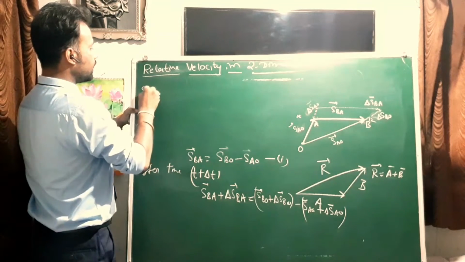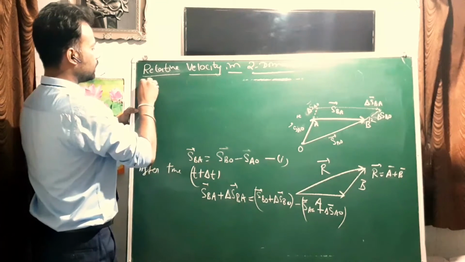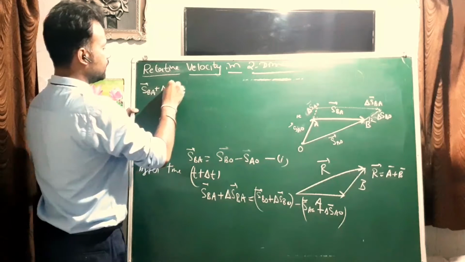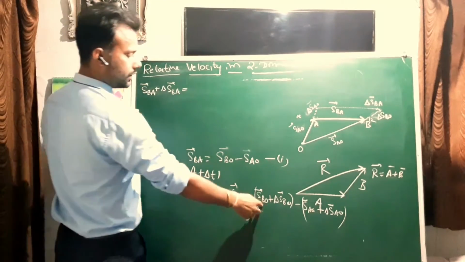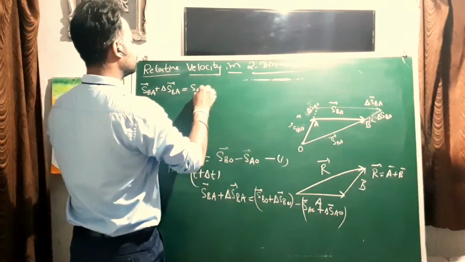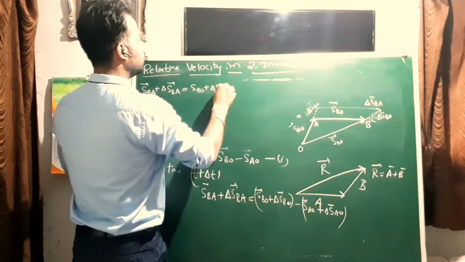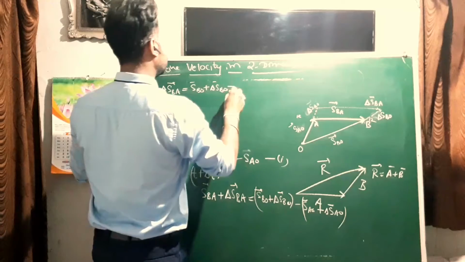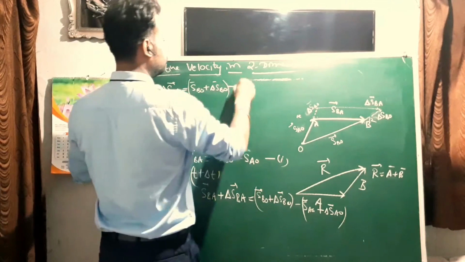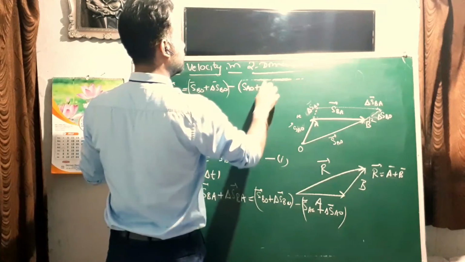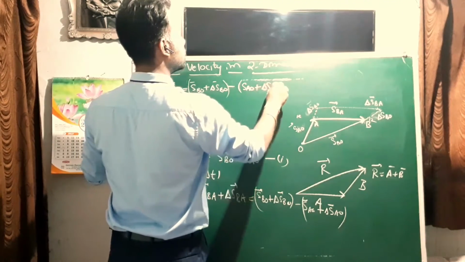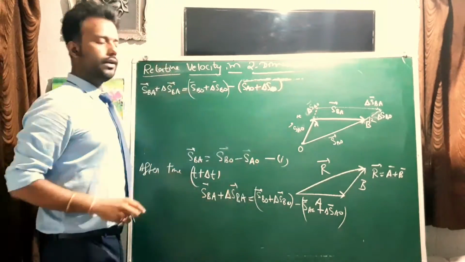This is SBA plus del SBA equals to SBO plus del SBO minus SAO plus del SAO, right?